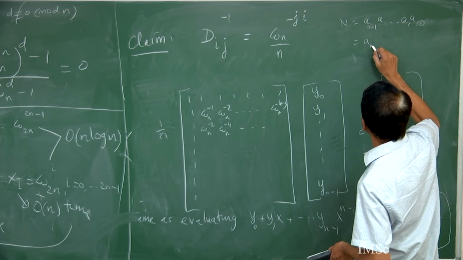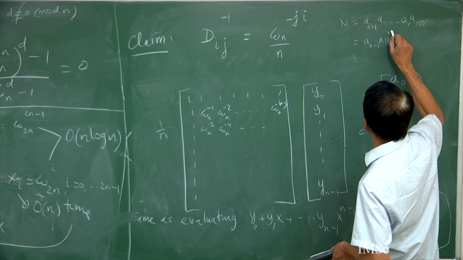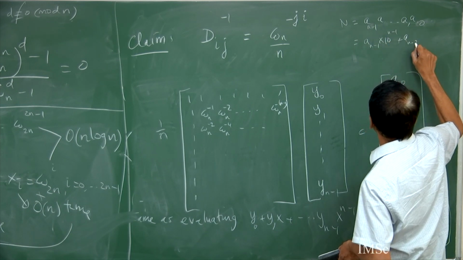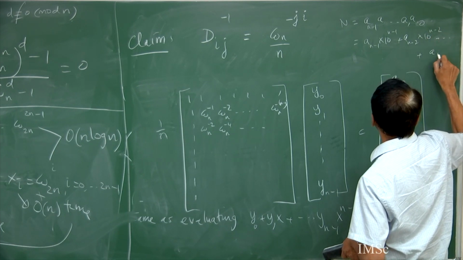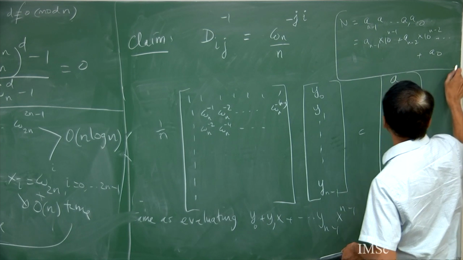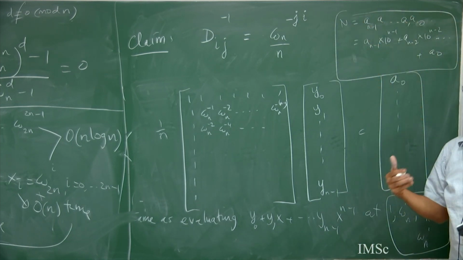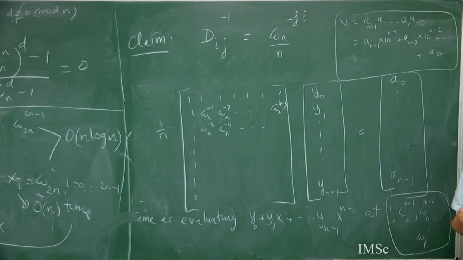Then it's an minus 1 times 10 power n minus 1 plus an minus 2 times 10 power n minus 2, and so on. Right? It's essentially two different polynomials. Instead of x, you have this 10. So if you can compute the product polynomial and plug in your value 10, what you get is the product of these two numbers.